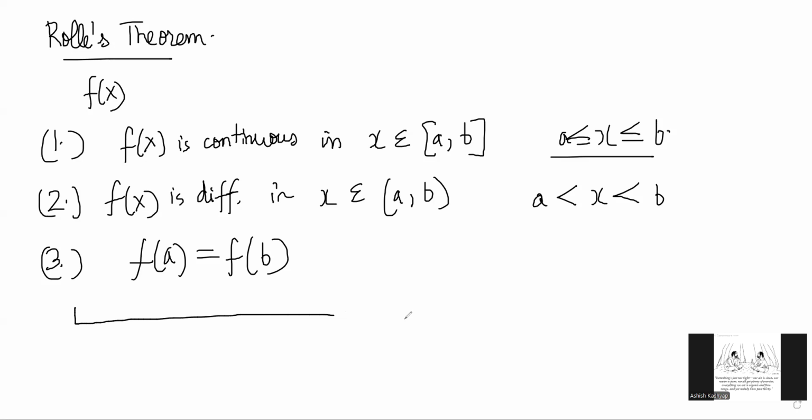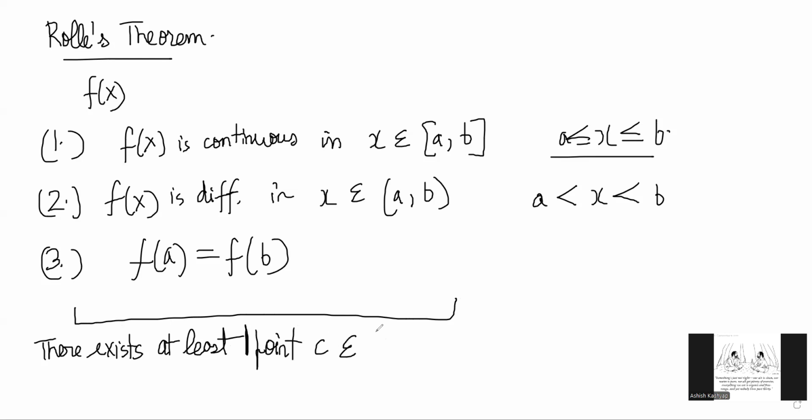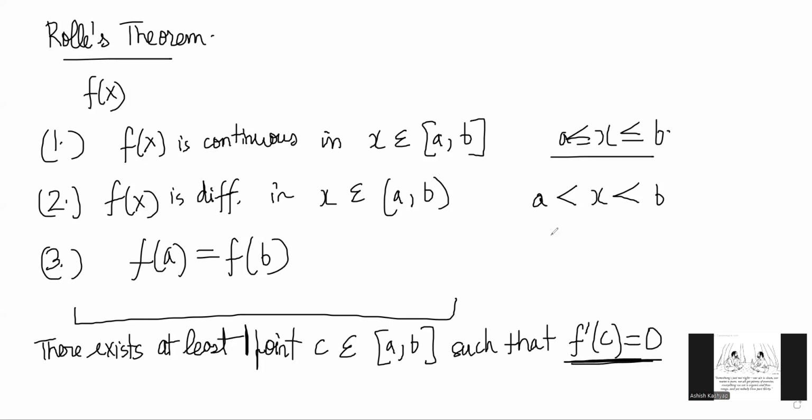If these three conditions are true, Rolle's theorem says there exists at least one point C belonging to (a, b) such that f dash C equals 0. That is the statement of Rolle's theorem.